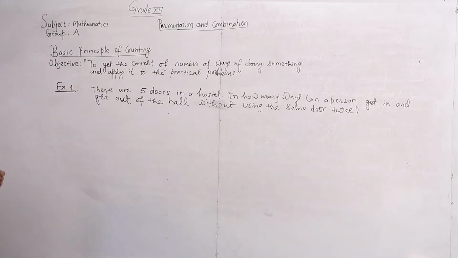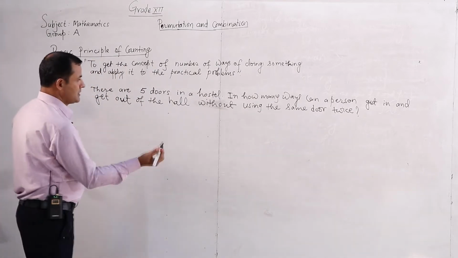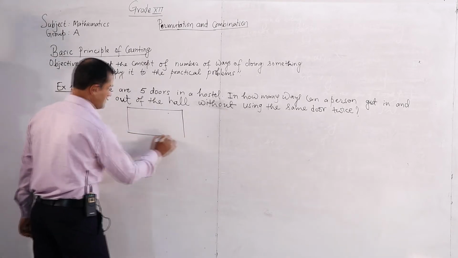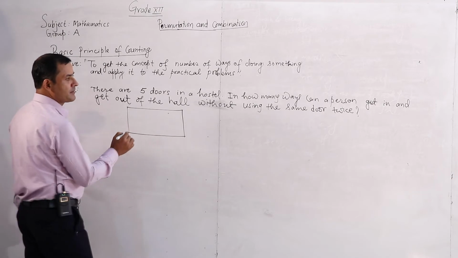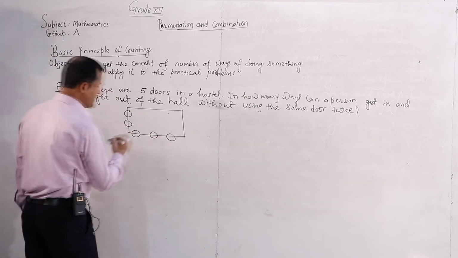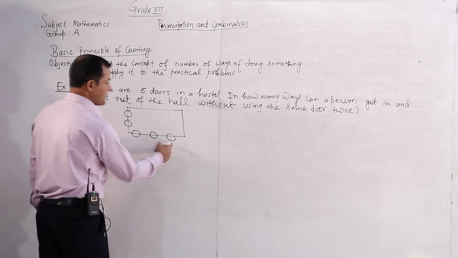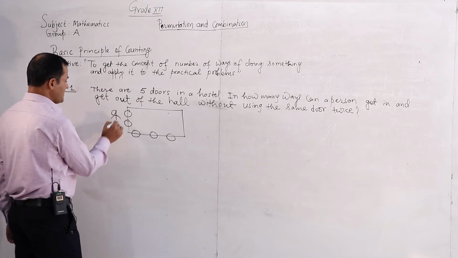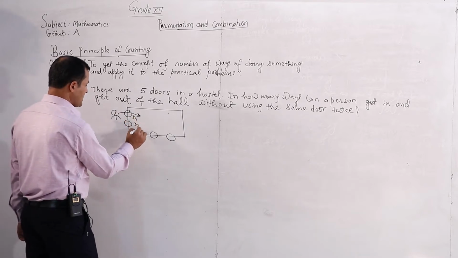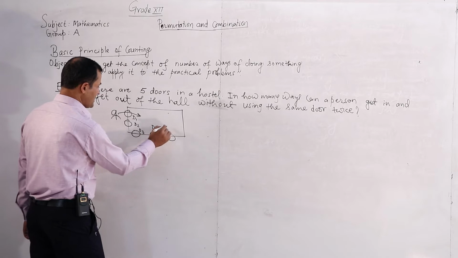Let's take an example like this. Clearly there is a hall. So how many ways can he get in? How many doors are there? 1, 2, 3, 4, 5 doors. And that person may enter D1, D2, D3, D4, D5.